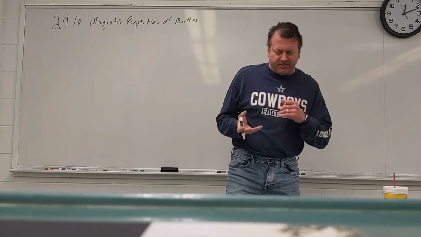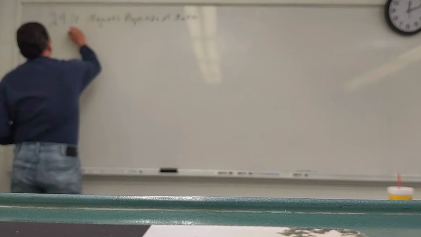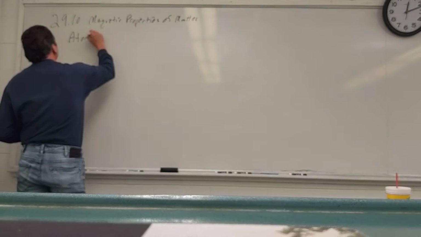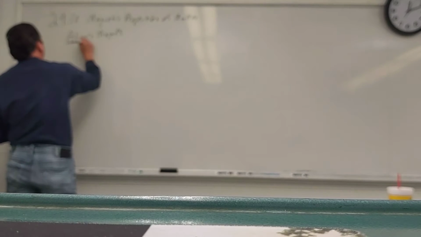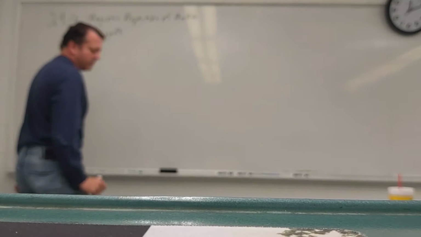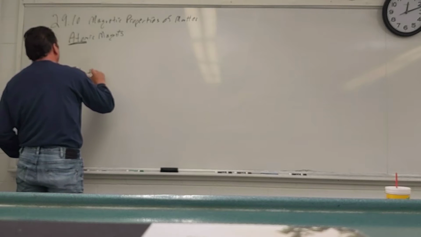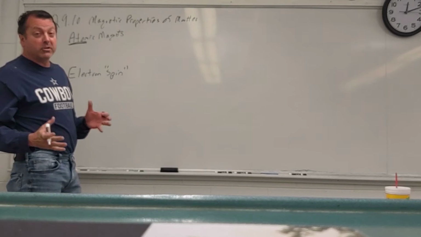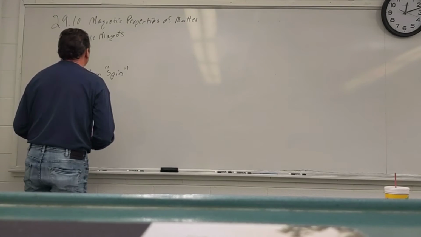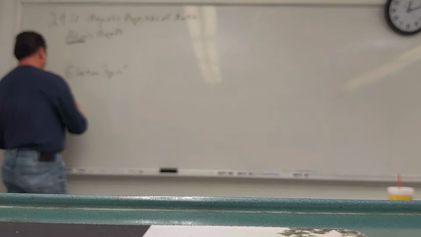Now, basically, these properties come down to atomic magnets, or basically atom is the key word there. Electron spin. I'll put that in quotes because it's not really spinning, but it acts like it is. And then we're going to look at ferromagnetism.